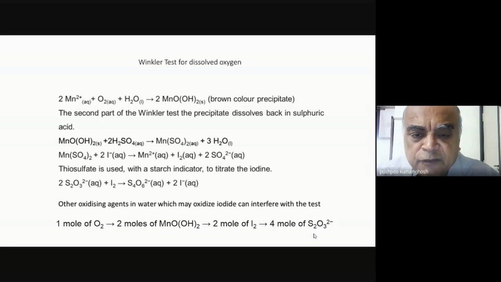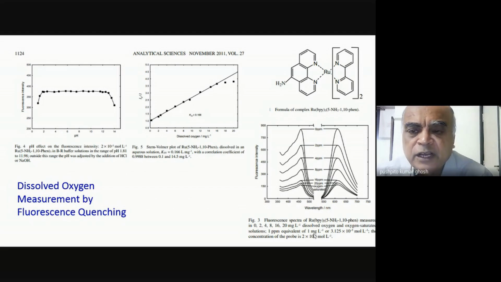Obviously, it's a tedious process, and it's also an old process, mostly abandoned. Nobody today does that. There is another very nice method which is quite popular, which is based on fluorescence quenching.